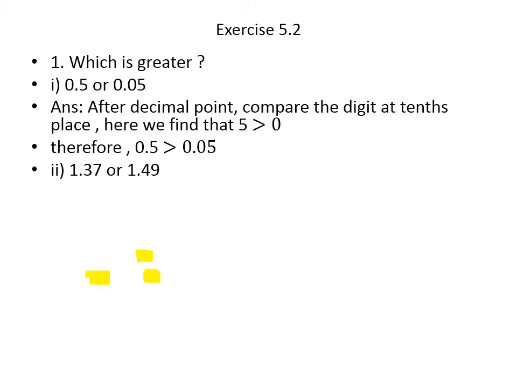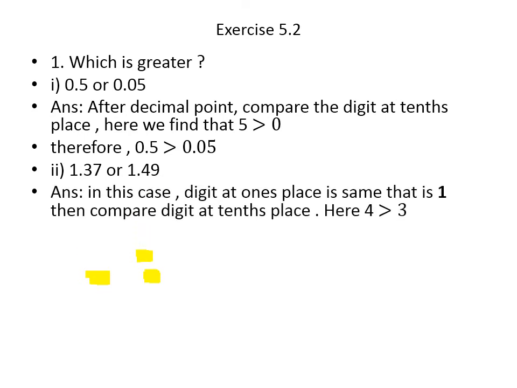Yeah, one more example, 1.37 and 1.49, which is the greater one? As I told you, compare the digit to the left of the decimal point. Now in both the numbers you can see the digit is same, that is 1. Then now do the comparison of the numbers after the decimal point, that is the digit at the 10th place.